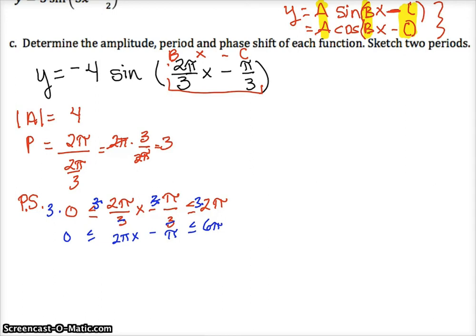And that just keeps you from having to add and subtract fractions. Continuing to solve, I will add pi in the middle and on the left and on the right to keep this balanced. And then finally, I'll divide everything by 2 pi.